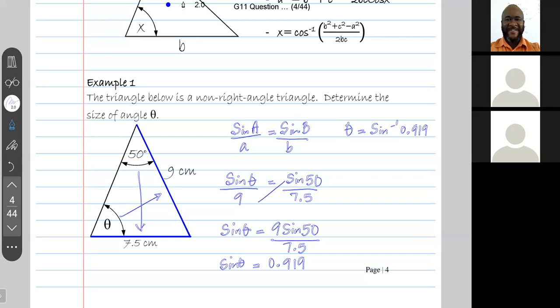Then I'm going to press sine, open bracket 0.919 close bracket. Then press equal, and the answer for theta is that theta would be equal to 66.8 degrees. Theta is 66.8 degrees. Ladies and gentlemen, this is sine rule.